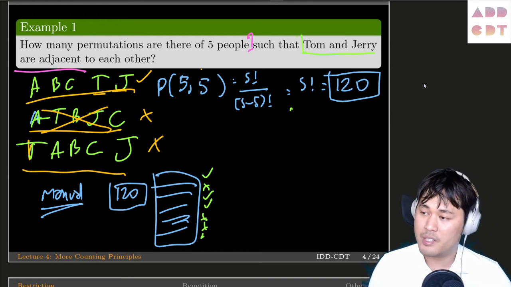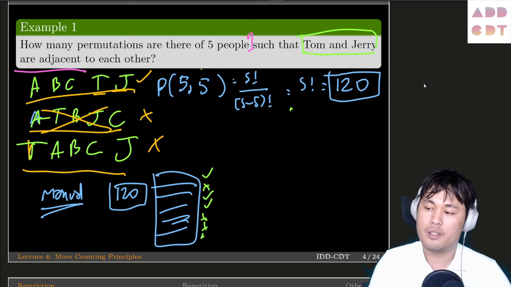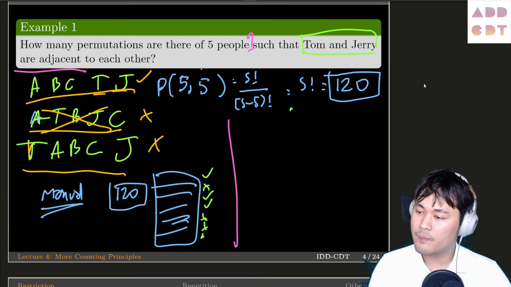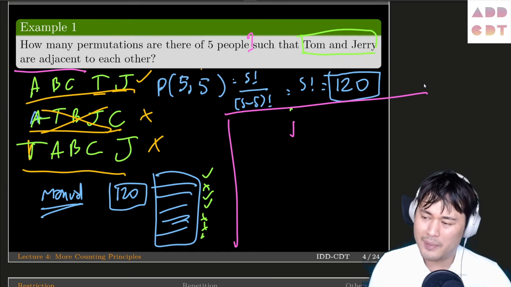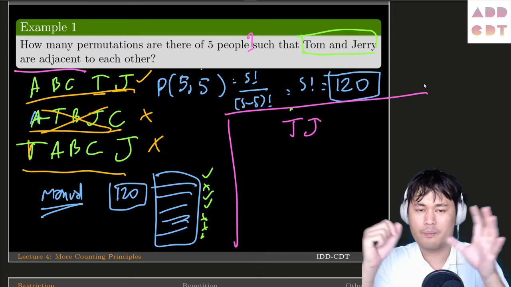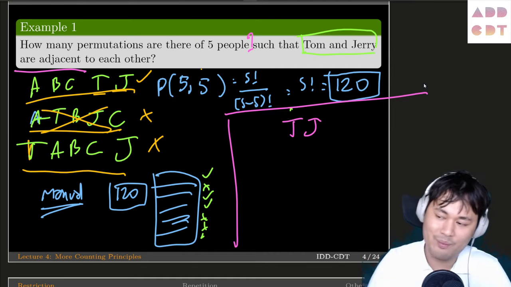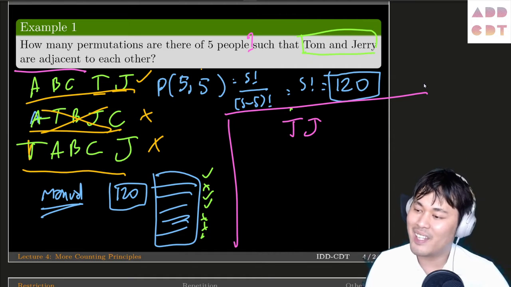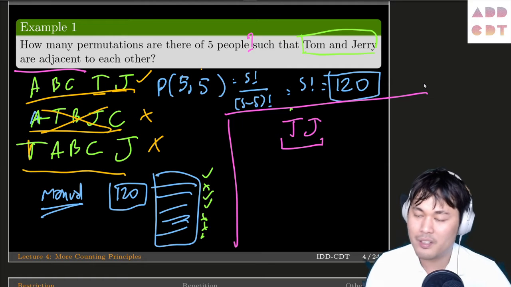Since we want Tom and Jerry to be adjacent to each other, we can think of them as if we just bundle them together, maybe put a rope around them, tie them together, and consider them as one single person.